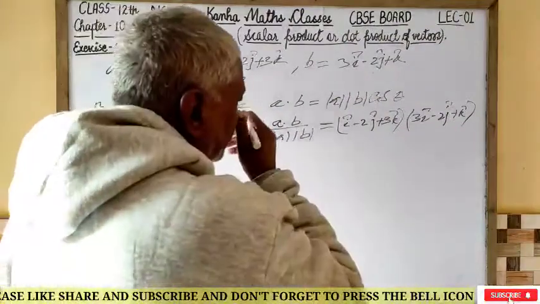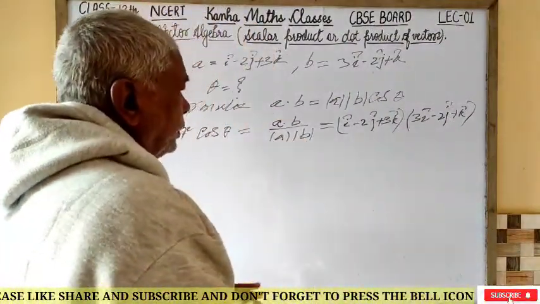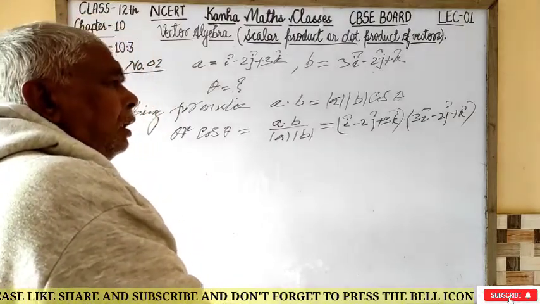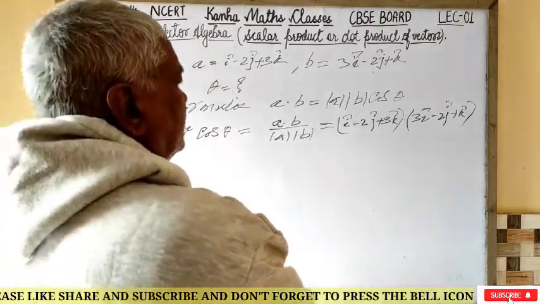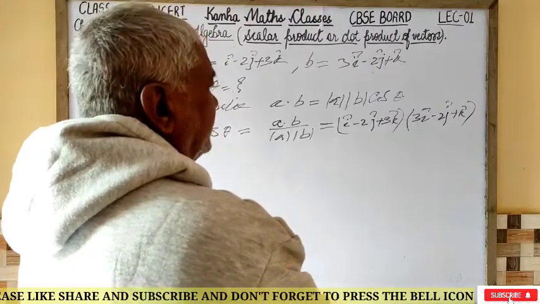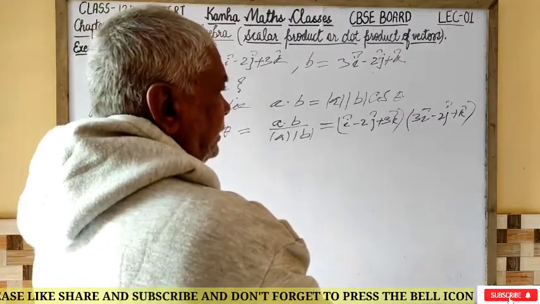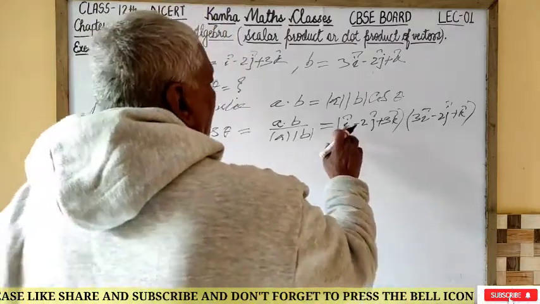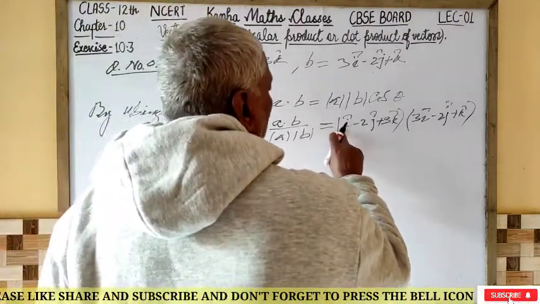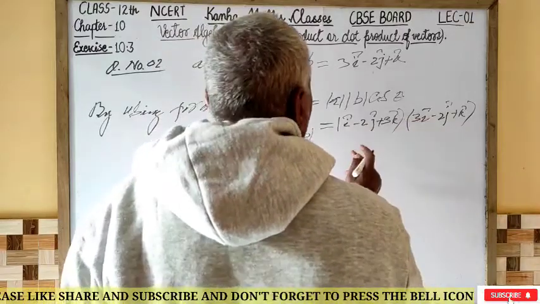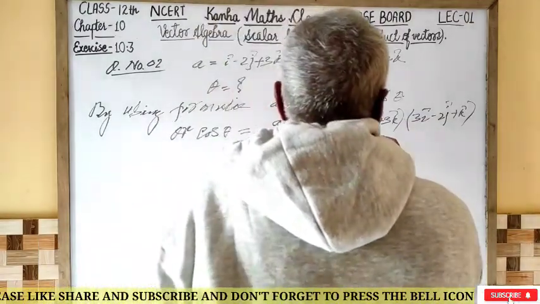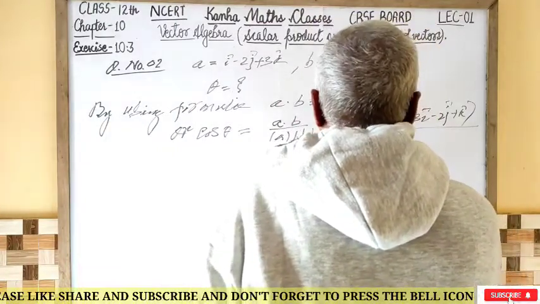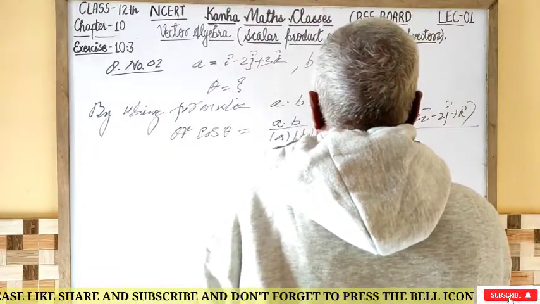One thing to remember: while finding the dot product of vectors, we only select the coefficients of i, j, and k. Here the coefficient of i in this vector is 1 and here 3.